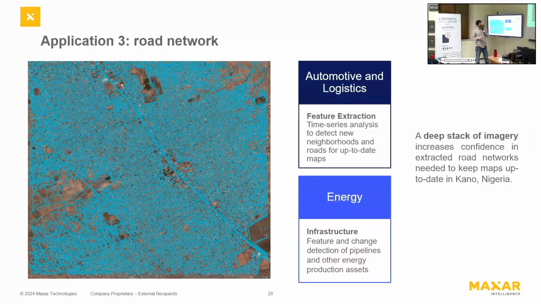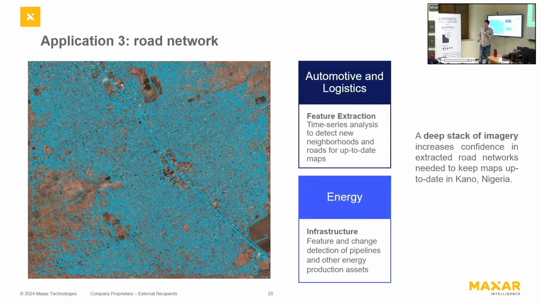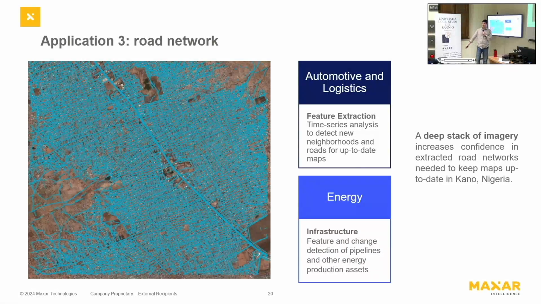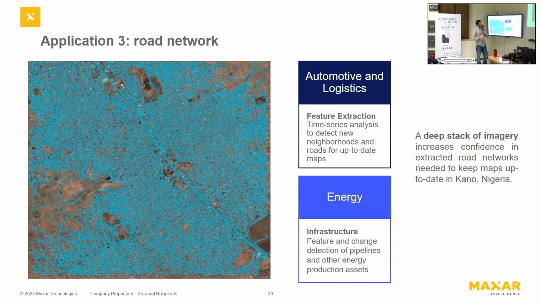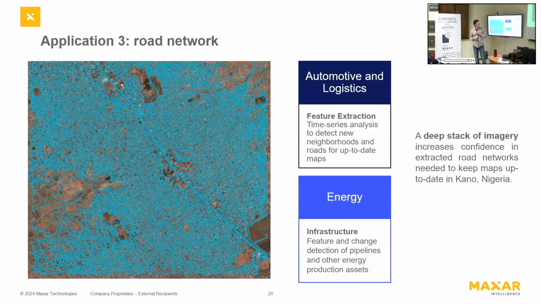If you are in the energy sector, then is a road being built next to my pipelines? Because if they do, I need to make sure that they don't cut my pipelines, right? So that if you're home, you still have internet, you still have gas and stuff like that. So again, completely different markets, but still they have the same need.